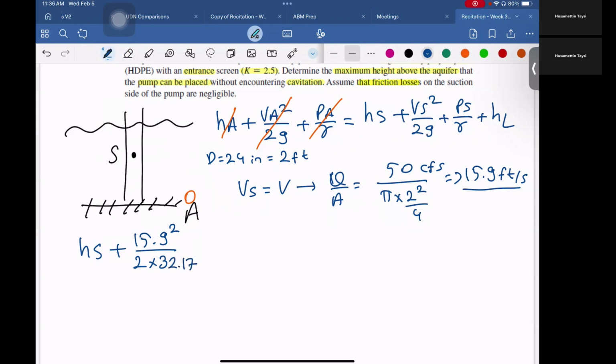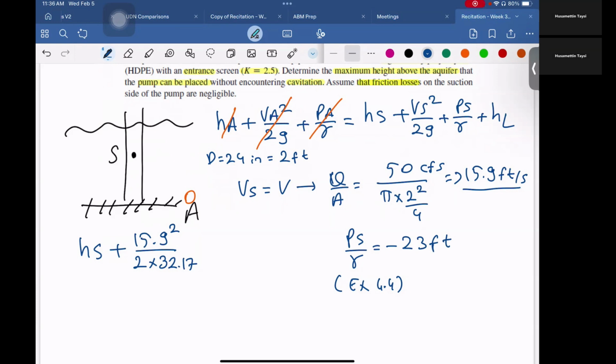Gravitational acceleration, 32.17. And now we will have PS over gamma. And if you check your textbook, there's a paragraph before example 4.4. And it says that we shouldn't exceed a pressure head of minus 23 feet to prevent cavitation.